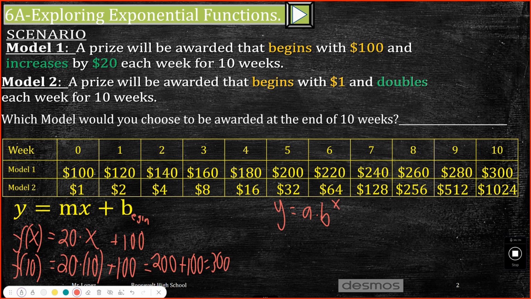Change y to f of x, where in this situation a represents the initial amount. B is what you do to the initial amount. Let's write down what you do to the initial amount.